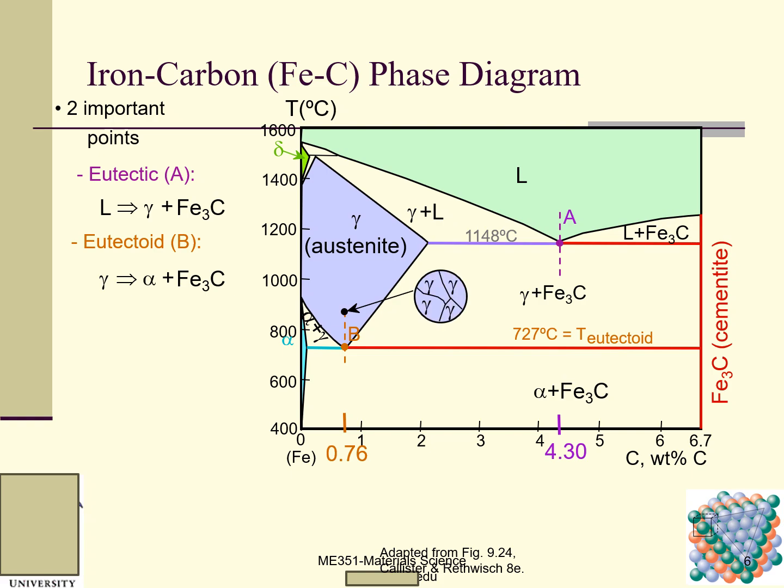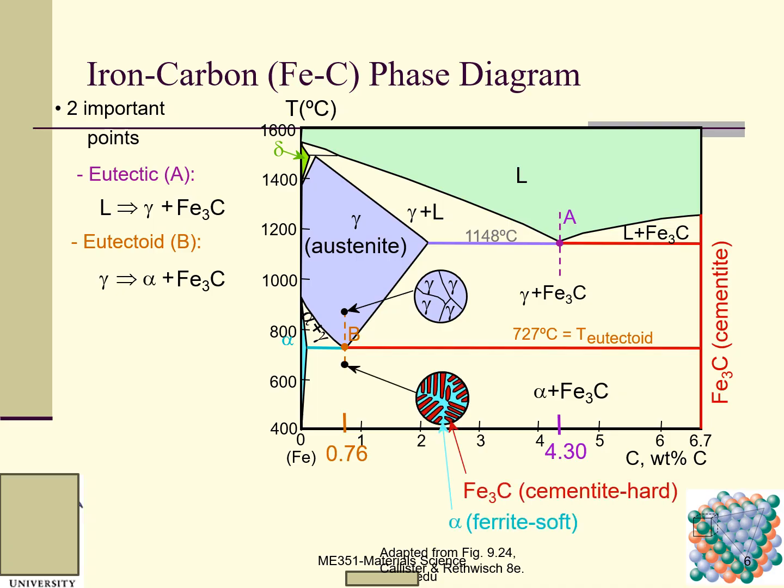You can see here these are gamma grains, and these are the grain boundaries. However, if we go down, we will have cementite and alpha ferrite. Alpha ferrite is softer, but cementite is hard.